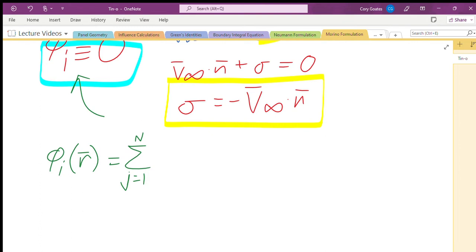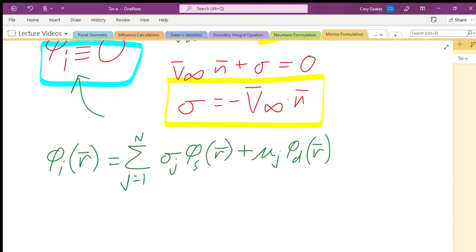So this is a set of source-induced potentials, sigma j times phi s, the source-induced potential at point r, plus mu j times our doublet-induced potentials at point r. These are the potentials induced by panel j. And we want that to be equal to 0 everywhere.